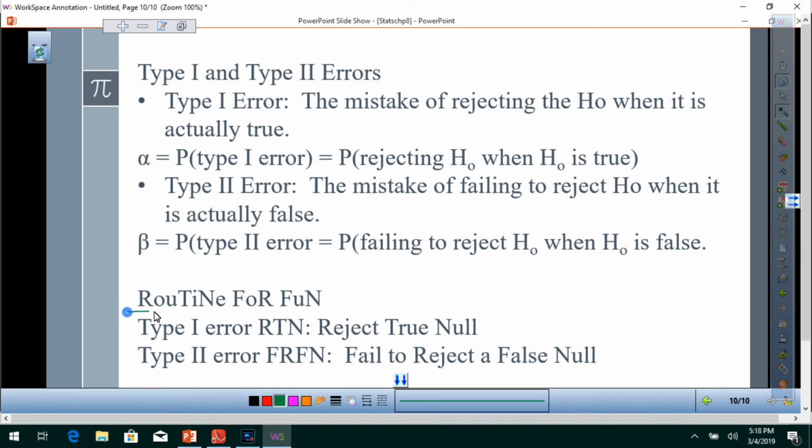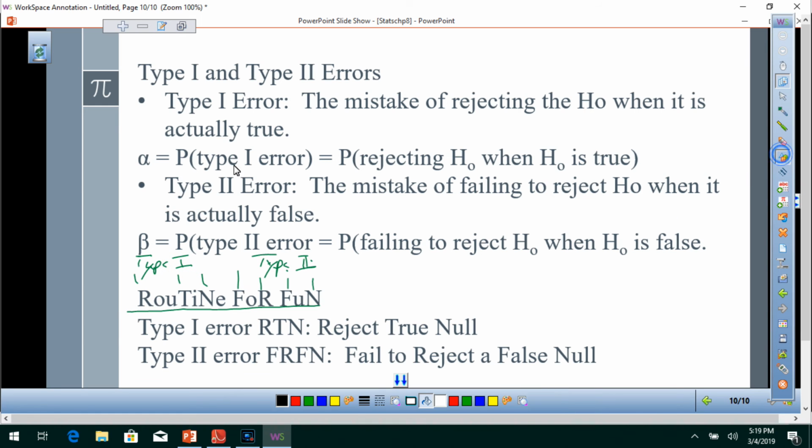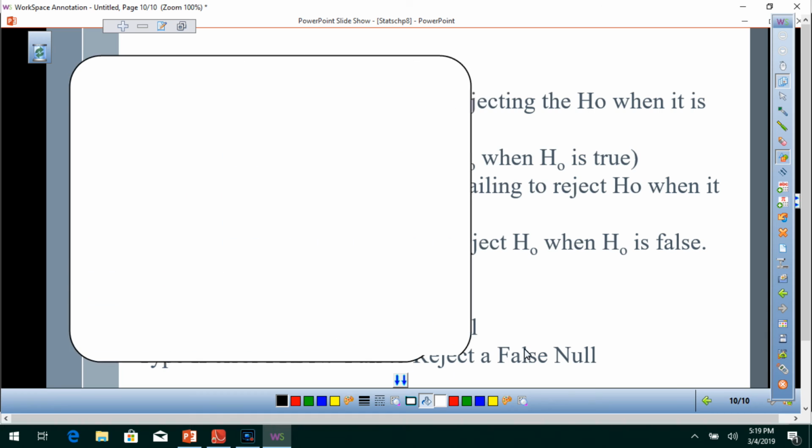And here is a little routine for fun. Notice the constants are reject, true, null, and then fail to reject, false, null. Type 2, type 1. Let's do a little bit here.